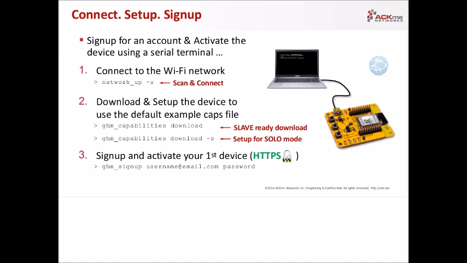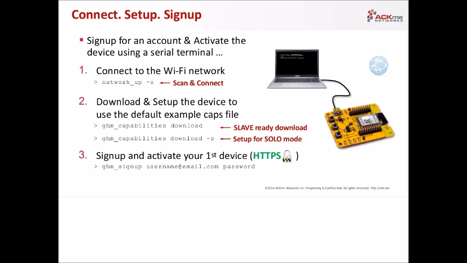There's nothing you have to do other than run that command and set all of the GPIOs up to work with goHACKme, so that as soon as you activate your device, it starts running solo mode. You press a button and that button press goes straight to the cloud, or you turn the LED on from the cloud and the LED comes on the board. So the setup out of the box is dead simple with these couple of commands.